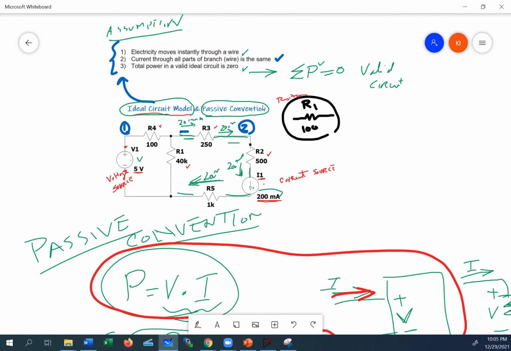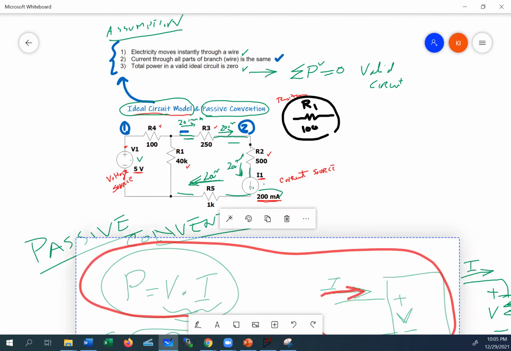And then passive convention, which basically says, if you want to use P equal to V times I, you have to make sure that the I is flowing into the positive side. If it's not, you flip it, add a minus sign to the value, and you're good to go.